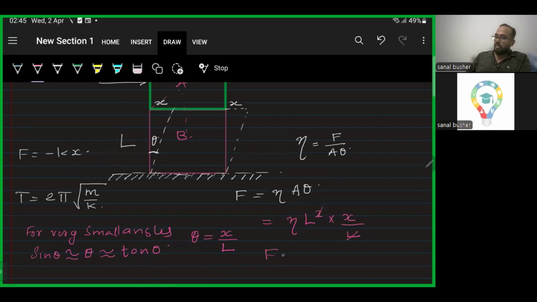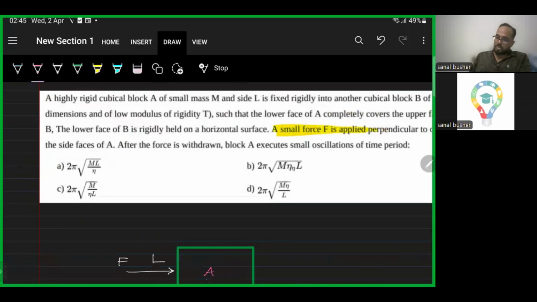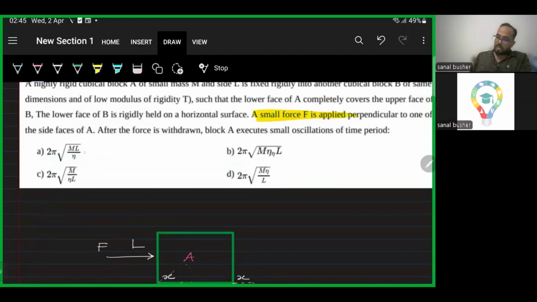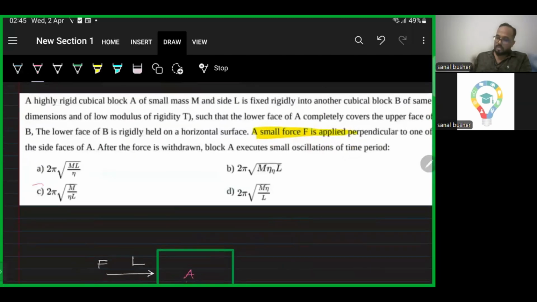The force equation you are getting is eta L into X. When you compare this with your force equation of oscillation, this thing is your force constant K. So time period T is equal to 2 pi root of M upon eta L. You check the options, 2 pi root of M upon eta L. So this will be the answer.